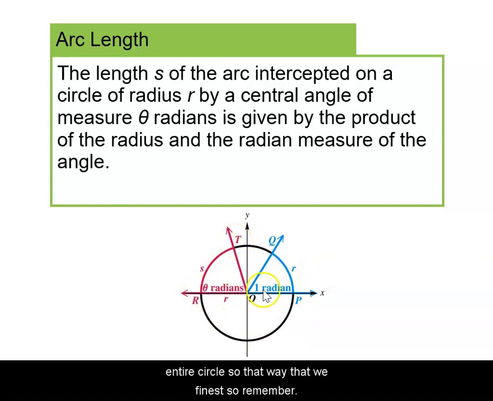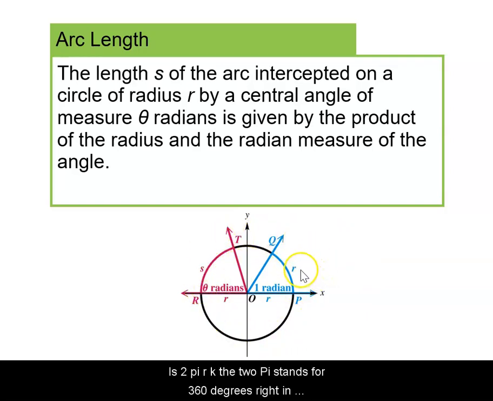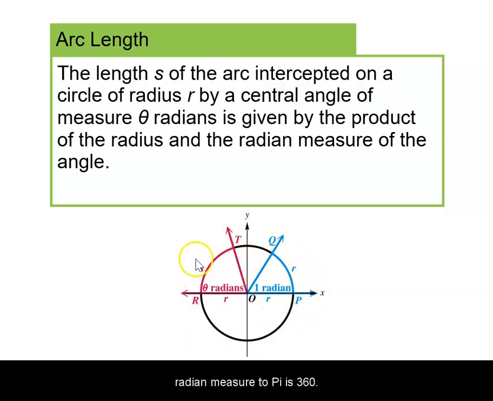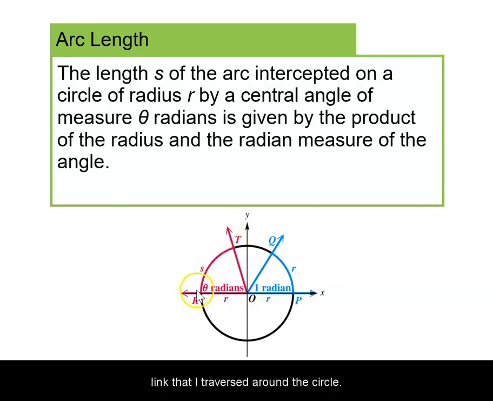So the way that we find this, remember, the circumference of an entire circle is 2 pi r. The 2 pi stands for 360 degrees, right? In radian measure, 2 pi is 360. So if I'm only going an angle of theta, then r times theta is going to give me the length that I traverse around the circle.